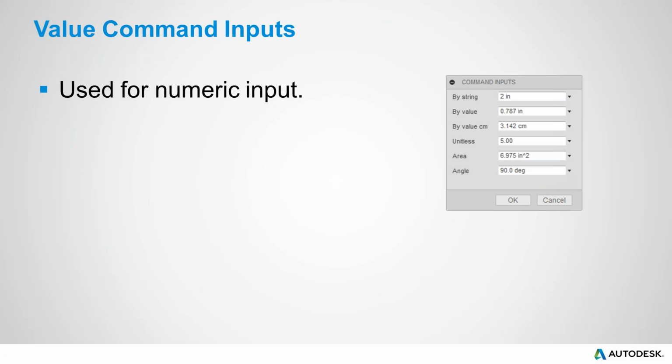All right, so that's to get text. Now to get numbers from the user, you can use a value command input. This is used to get any kind of numeric input from the user. In this sample dialog there are 6 different command inputs. When you create one, you have to specify what unit type that value is going to be.